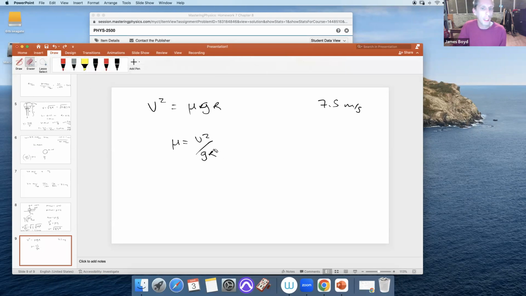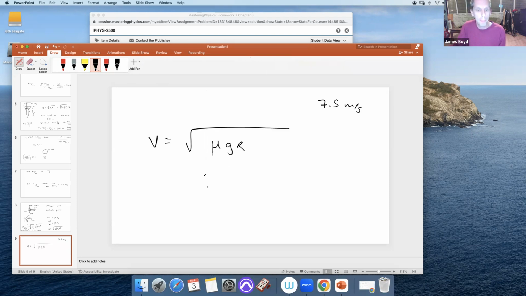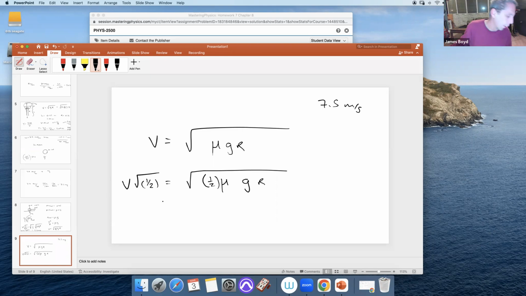All we can do is realize, like I said, that v is equal to the square root of mu g r, but we have to multiply mu by 1/2 because it's raining. Well, we have to do that to both sides of the equation. So we also have to multiply v by the square root of 1/2. And this ends up being 5.3 meters per second.